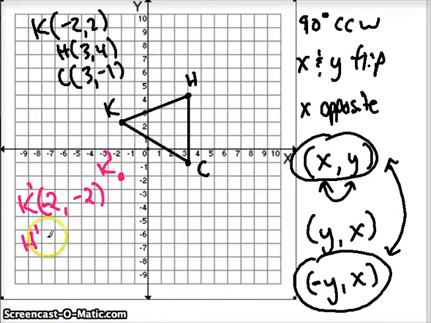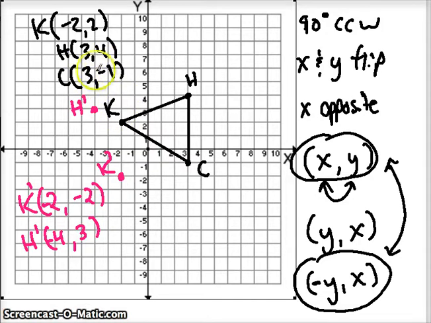Here's H rotated. So we're going to flip the values. So it's now 4, 3 instead of 3, 4. And the new X value is the opposite. So instead of positive 4, it's negative 4. So negative 4, 3 is H rotated.